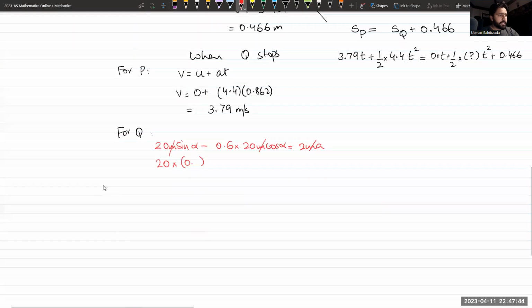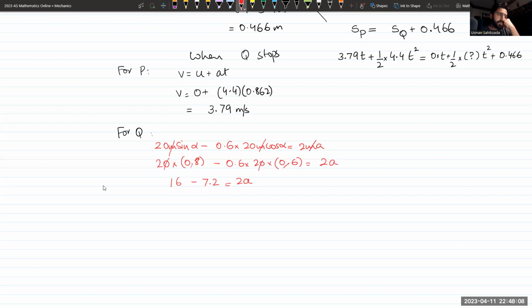So this is 0.8 minus 0.6 times 20 times 0.6 equals 2a. When you solve this, 2 eights are 16, 6 twos are 12, 12 times 0.6 is 7.2, so 16 minus 7.2 equals 2a.